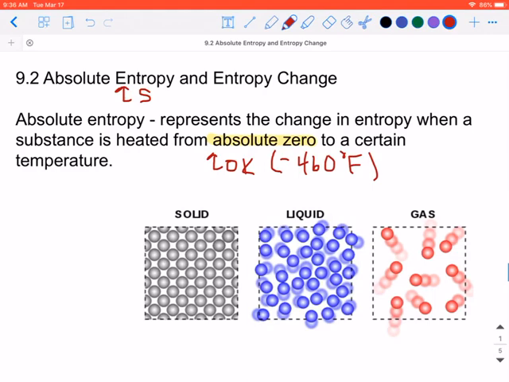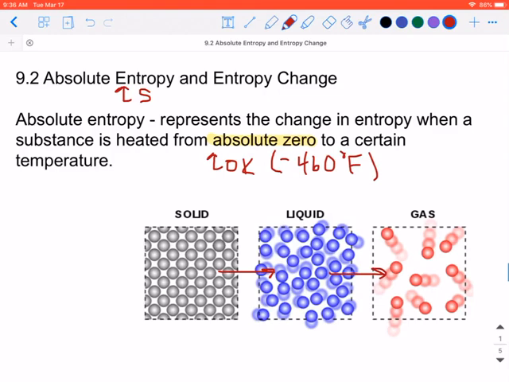So, I have this image for you, showing a substance changing from a solid to a liquid, and then a liquid to a gas. You should know that in order for something to change phases, you have to increase the temperature.